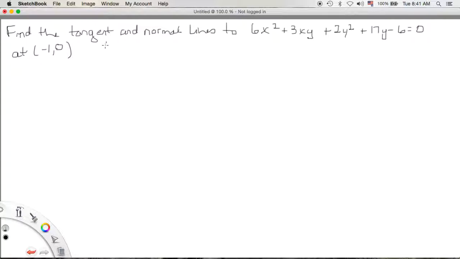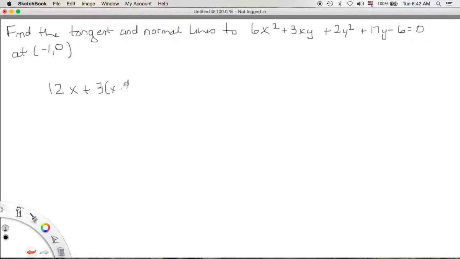Remember, a normal is perpendicular to the tangent, so that means that we use that reverse reciprocal, or opposite reciprocal, slope. So the first thing we need to do is take the derivative of this with respect to x. So our first part, use that power rule, 12x plus 3, and then here we're going to have to do our product rule.